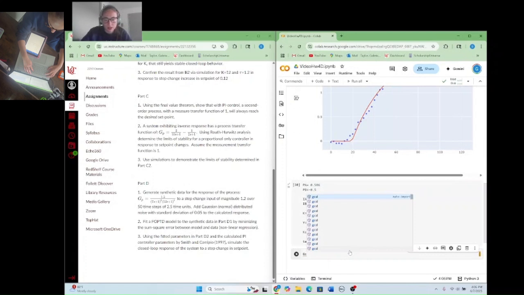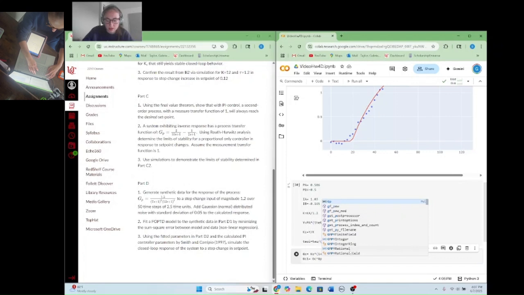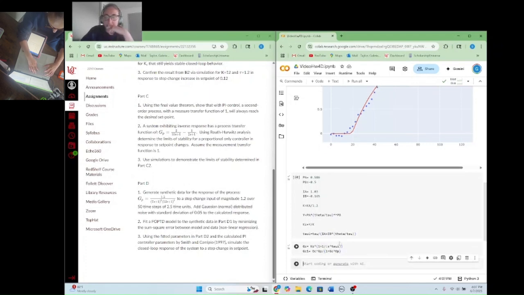So our GC is going to be equal to our KC times 1 plus 1 divided by our S times our tau I. And then our GC1 is going to be equal to our GC times our GP divided by 1 plus GC times our GP. Okay, now that we have that, we can do our simulation.